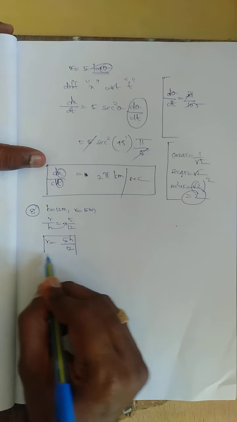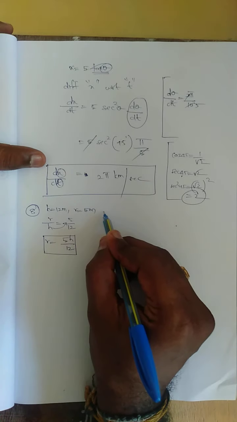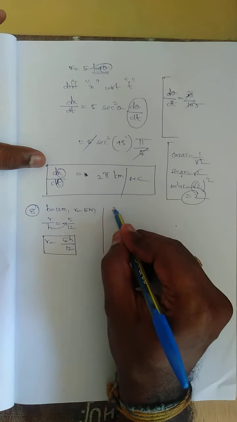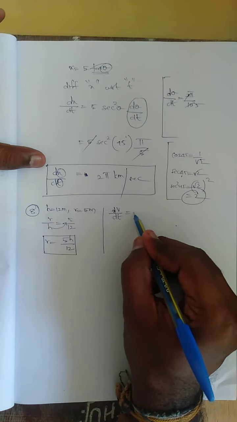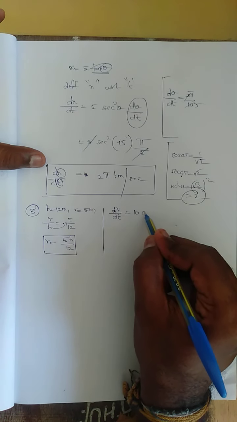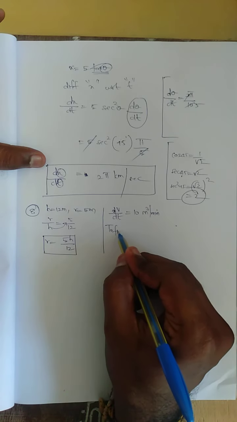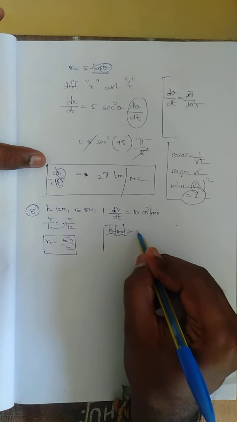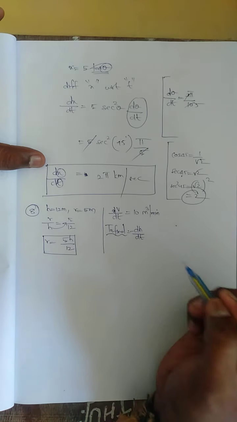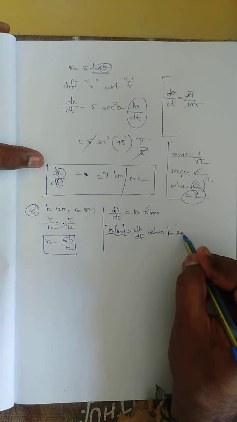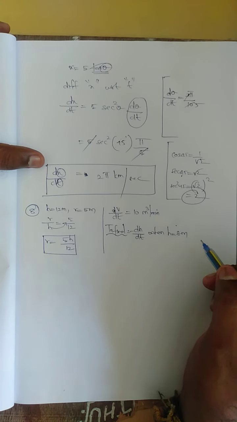Next, the given is dv by dt, which is 10 meter cube per minute. To find, I need dh by dt when h is equal to 8 meter.